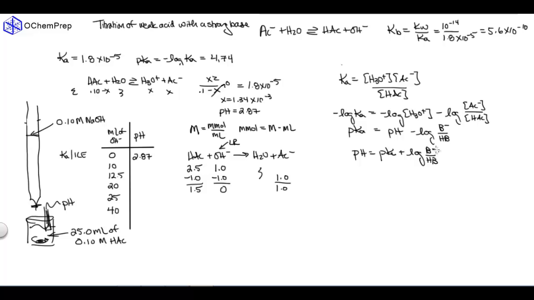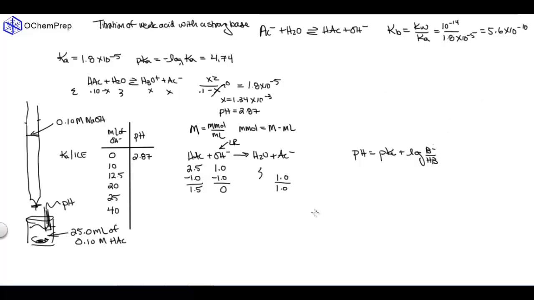It makes things simpler because this ratio can be in millimoles or it can be in concentration. So I tend to use Henderson-Hasselbalch in what's called the buffer region of a titration. Okay, so we can just plug in what we have.